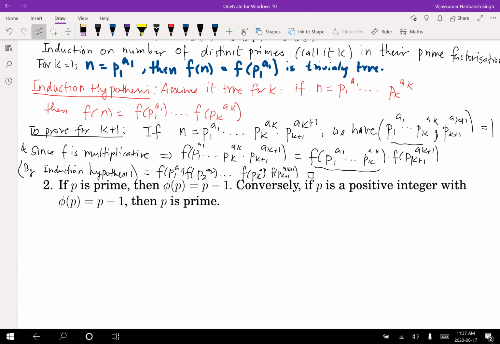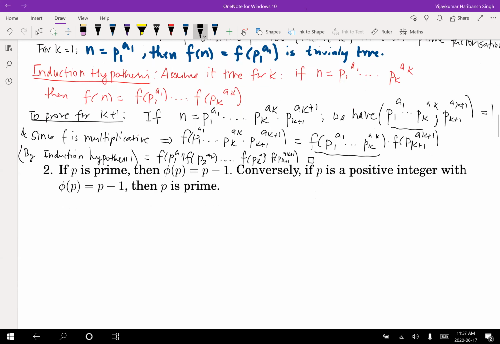So now, a property of the Euler phi function: if p is prime, then phi of p is p minus 1. And conversely, if p is a positive integer with phi of p equal to p minus 1, then p is prime. So let's prove both ways. Let's start with the first part.